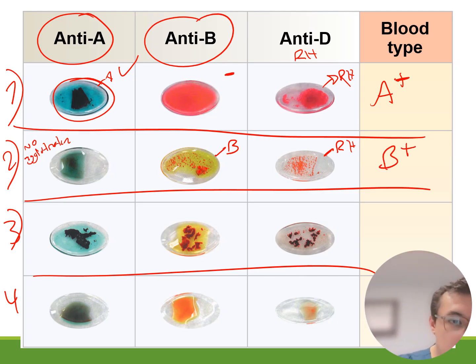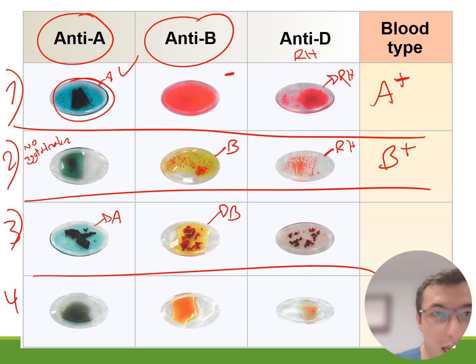Now with anti-A on sample number 3, here we should have at least antigen A. Here we should have at least antigen B because we're adding anti-B, and here we have anti-Rh. So we have AB positive.